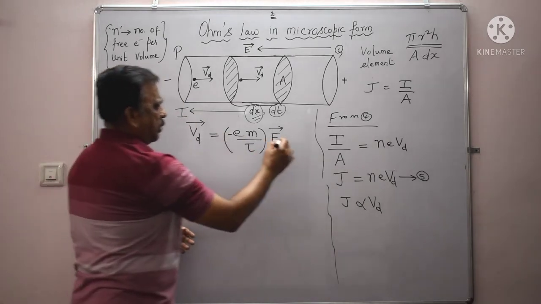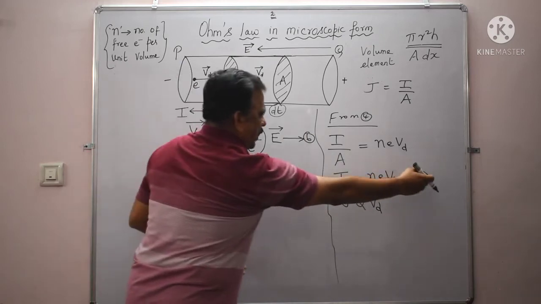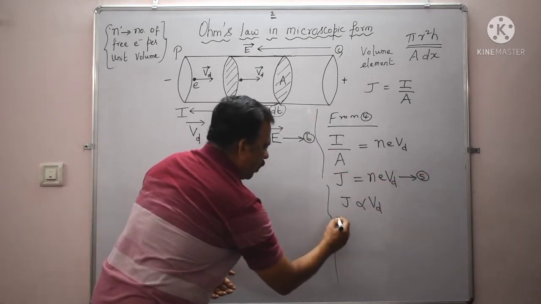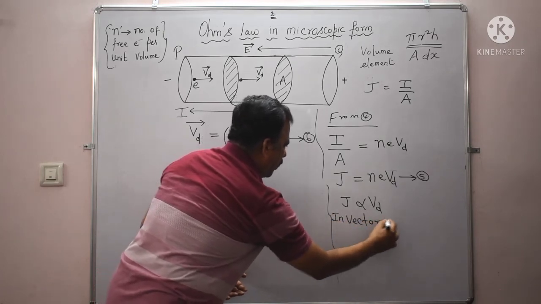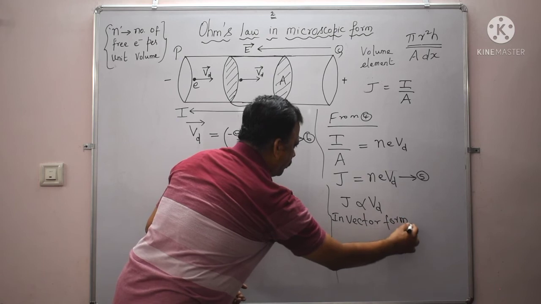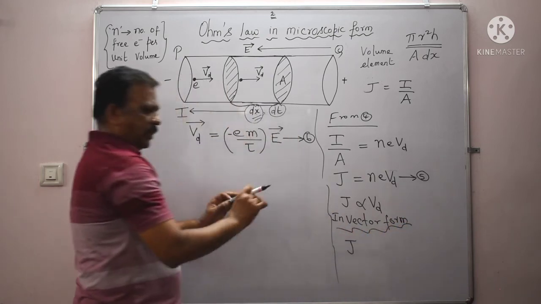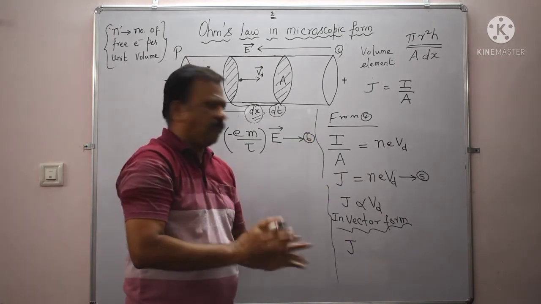Okay, so let me take this as number 6. Let me first write expression 5 in vector form. So, whichever quantity is a vector quantity, you put a vector symbol and write. That is what we mean by vector form.